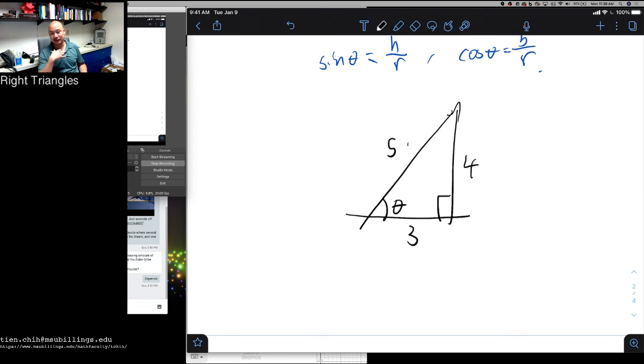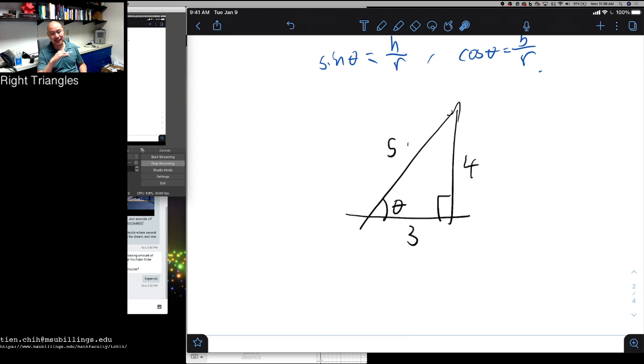That's one of the simplest Pythagorean triples, right? And I want to know, alright, if I have a triangle like this, what is cosine of theta and sine of theta? Well, I don't need to. What's going on is that I am scaling down to radius 1, dropping down, and figuring out all of that. But I don't need to do all that.